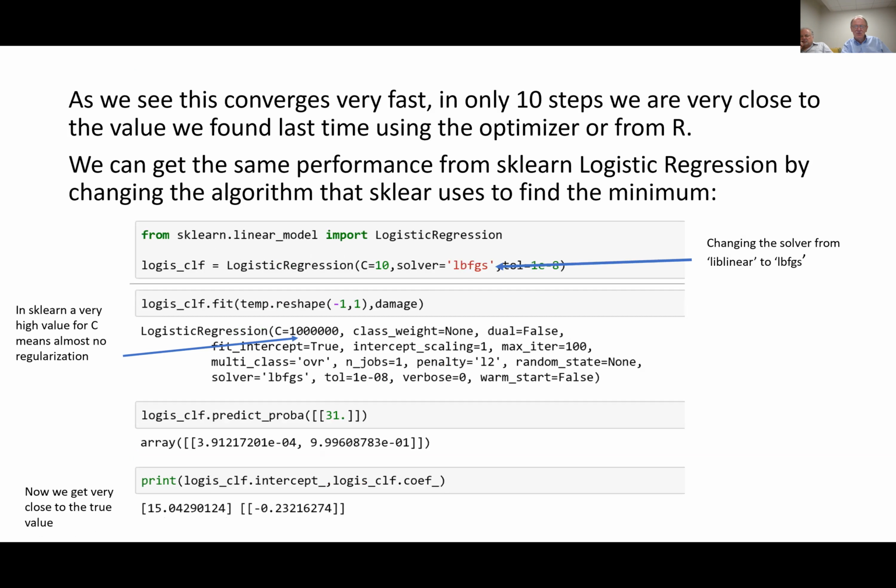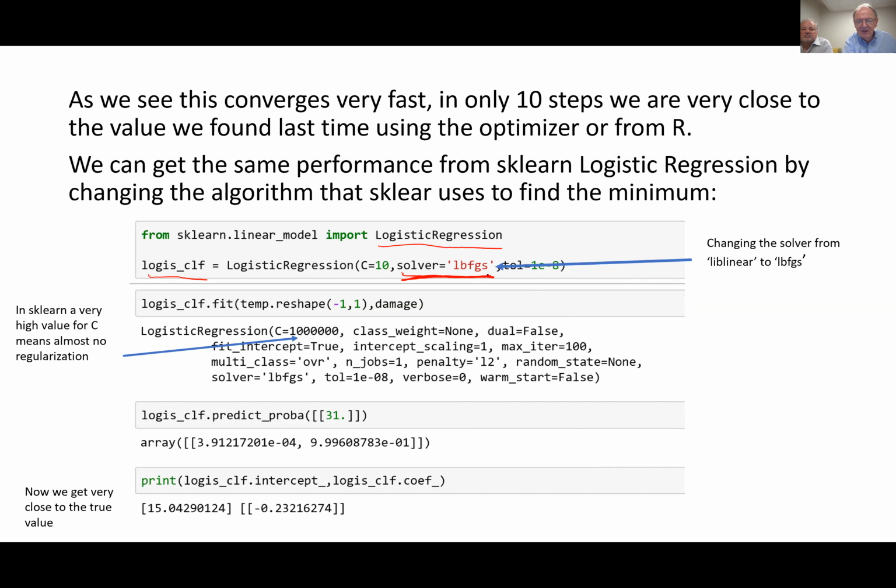But you can also use this method in sklearn. So what you have to do is, here's the logistic regression class, and here we instantiate a logistic regression classifier. If you don't write anything here, then it'll use the solver liblinear, which is the gradient descent.